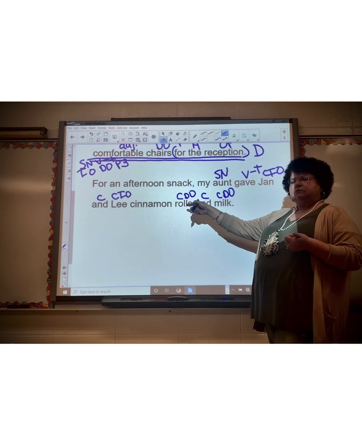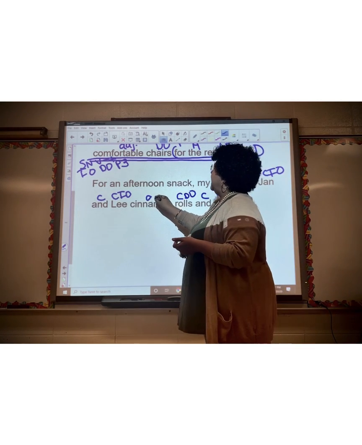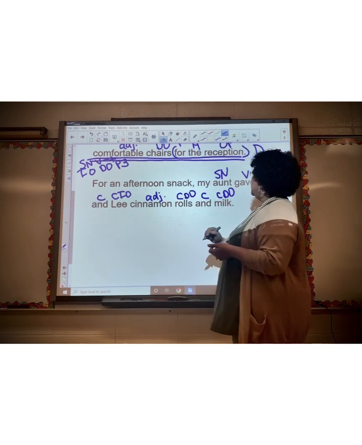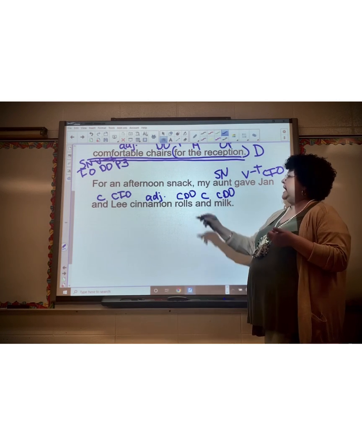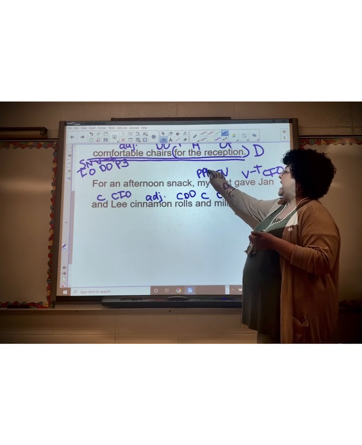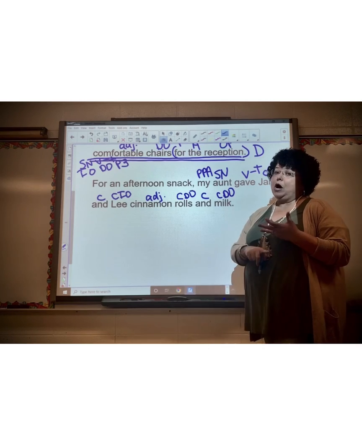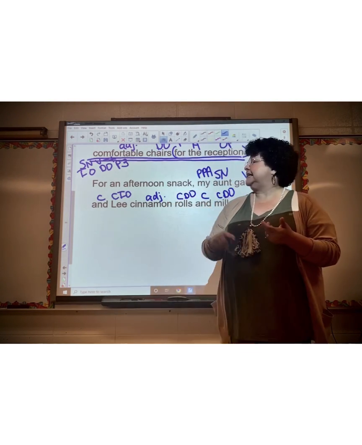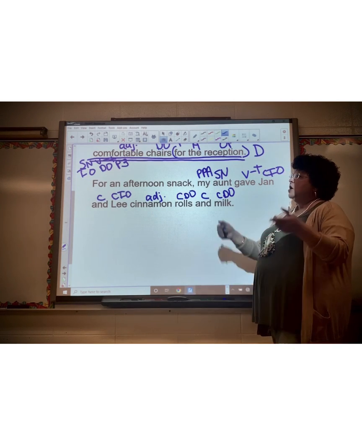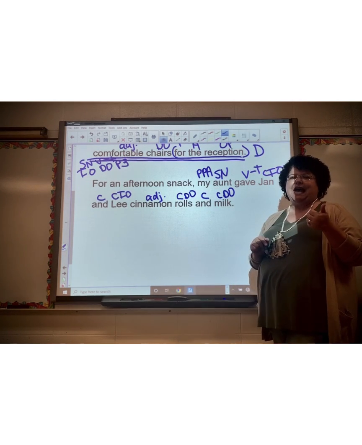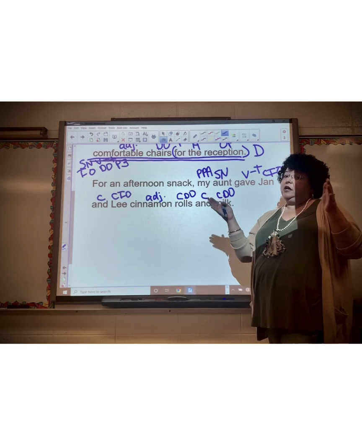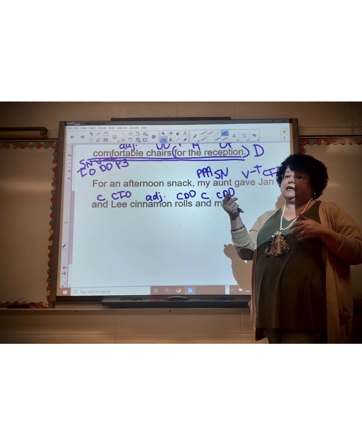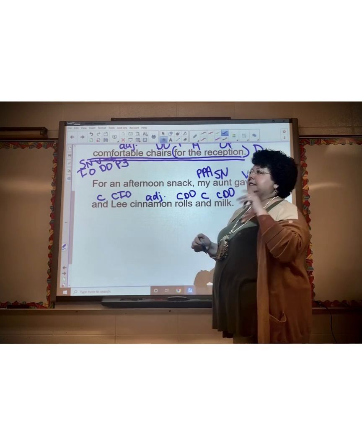What kind of rolls? Cinnamon, adjective. Whose aunt? My. P-P-A. Possessive pronoun adjective. It's a pronoun in the possessive case. Okay, let's look at for an afternoon snack. That's an introductory clause. That's why we have a comma there. For is a preposition.